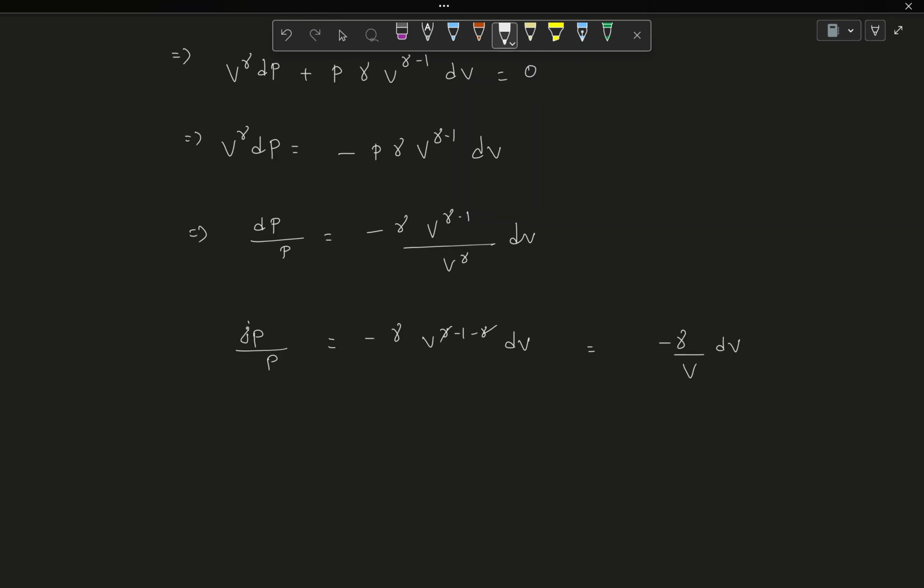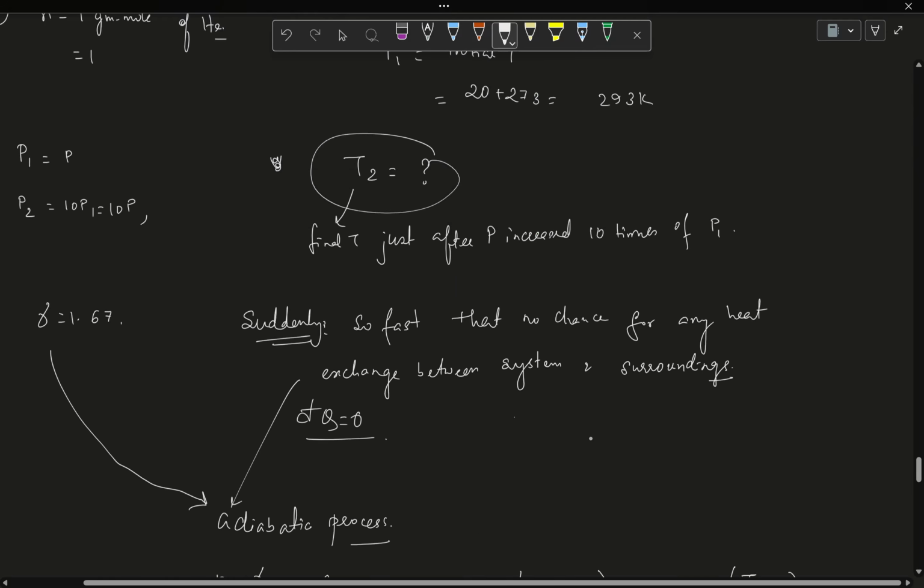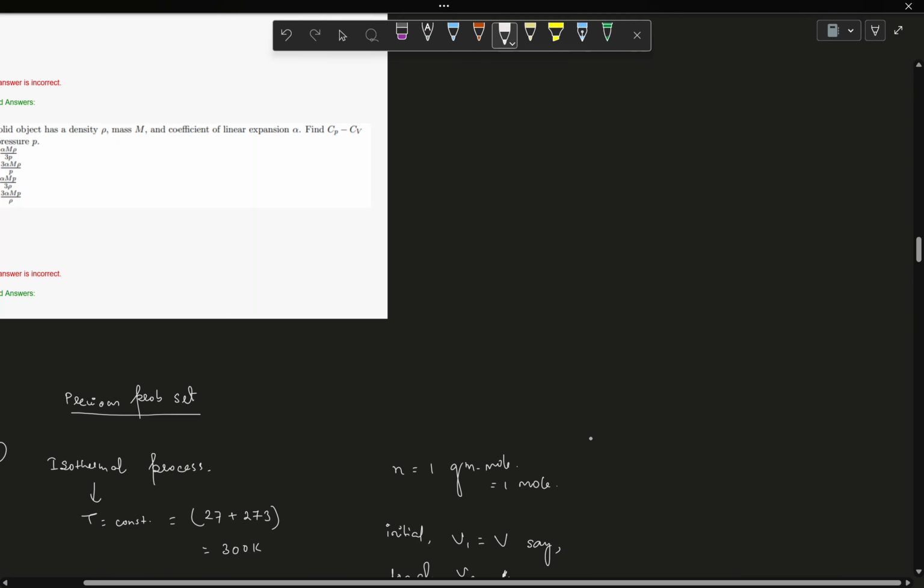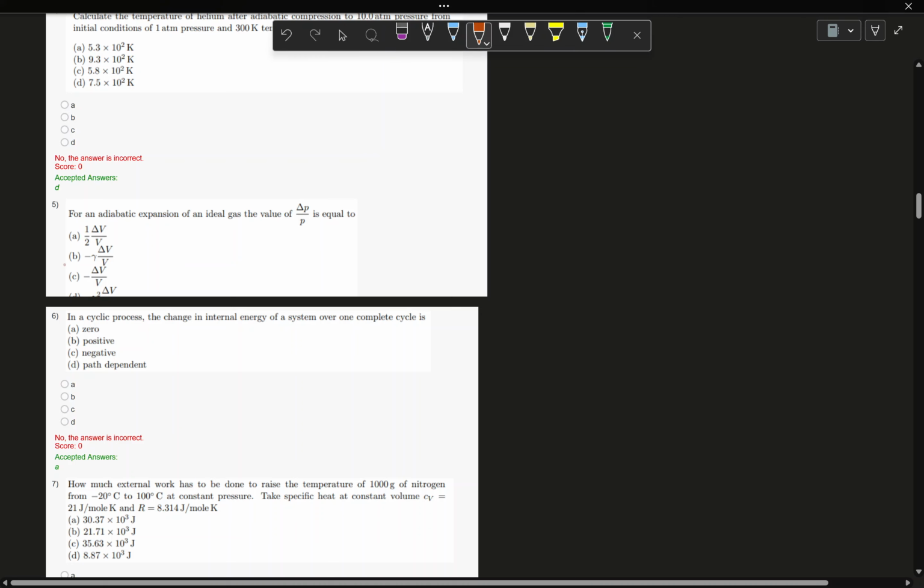You can convert this dP as delta P also, because both are change in pressure. So delta P by P is equal to minus gamma delta V by V. So this is your option number B as per the options given there. So let us go back and check. Okay, so option number B is the correct answer, right?